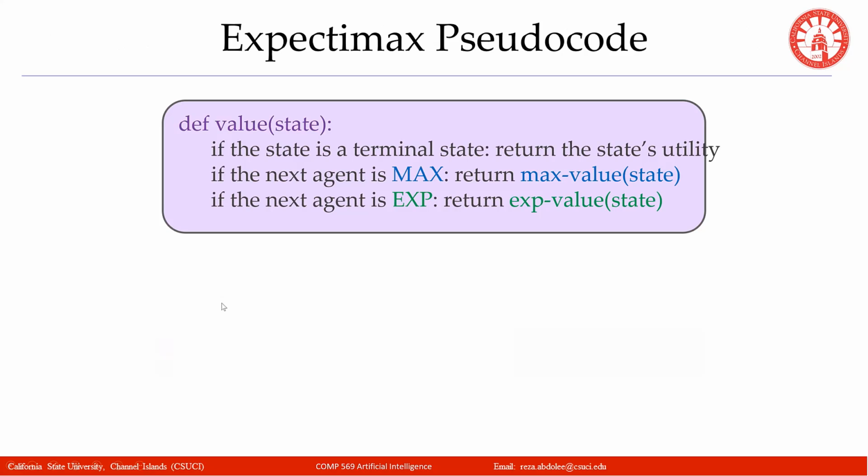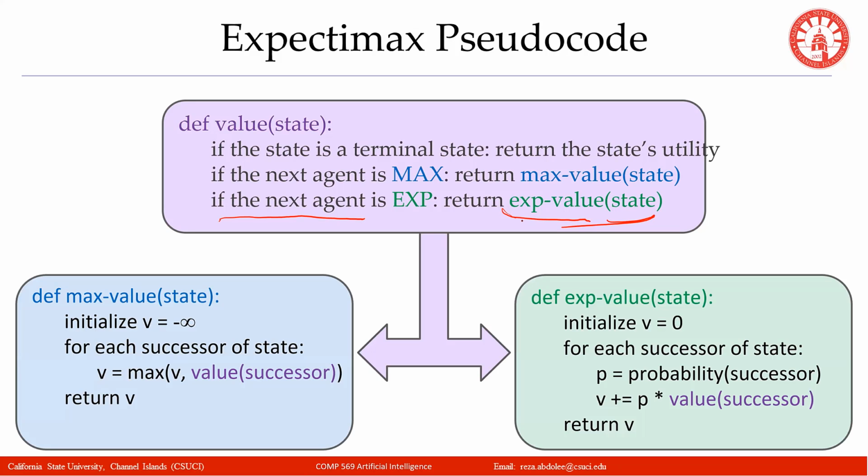All right. So this is the pseudocode for expectimax. If you compare this with the minimax algorithm from last week, you're going to see that the max agent does its maximization as before, but the min agent is now replaced with the chance node, and it returns the expected value of the state. You initialize V, and then for each successor you calculate the probability.